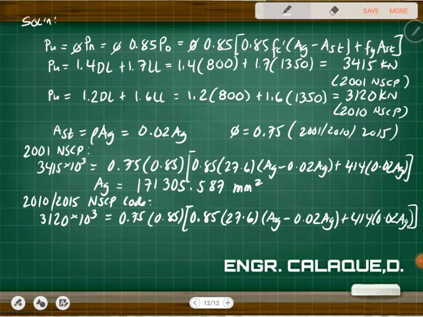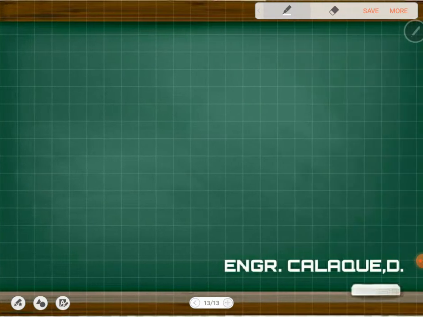Ayan, no? So, thus, we have area gross. So, palitan ko lang yung load dito ng 3120. Shift solve. So, I have 156,507.593 square millimeter. So, meron na tayong gross area.